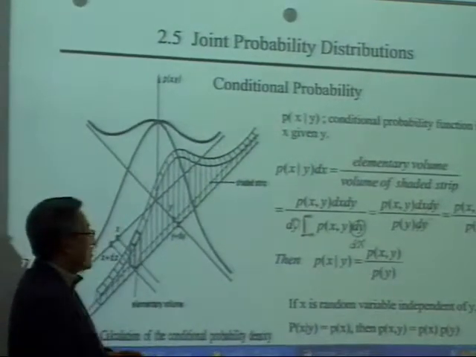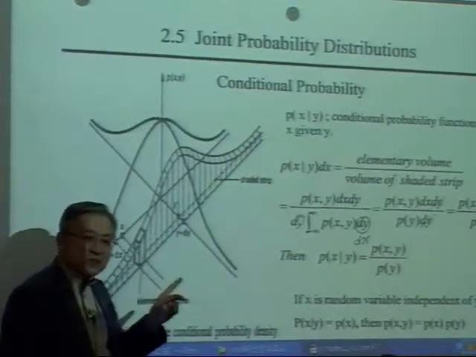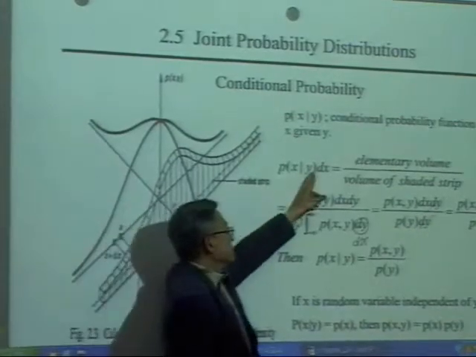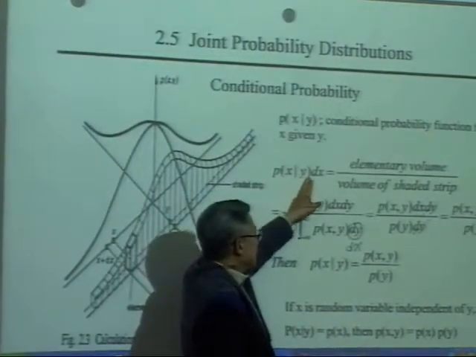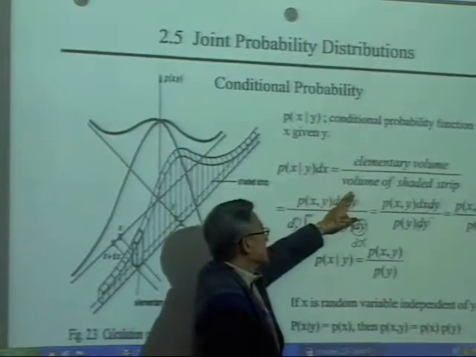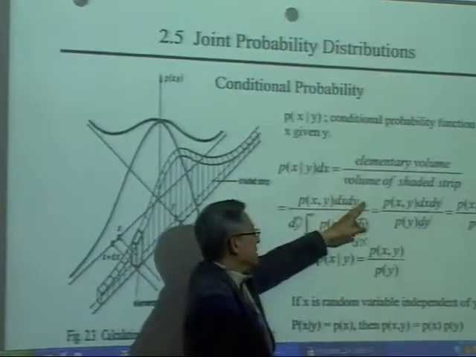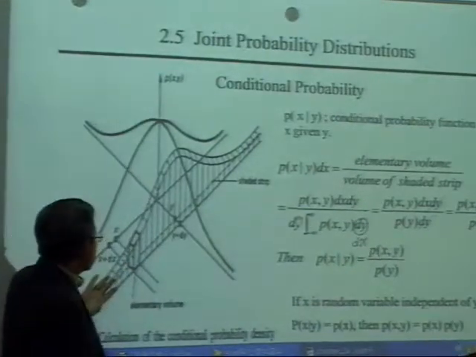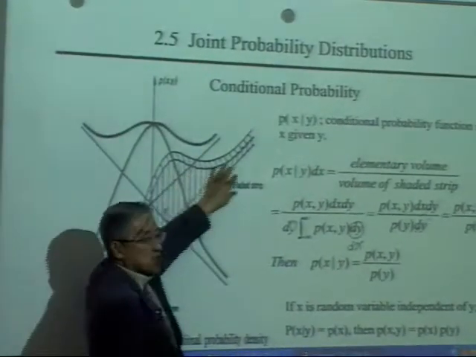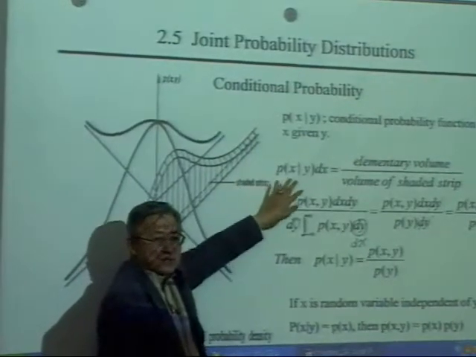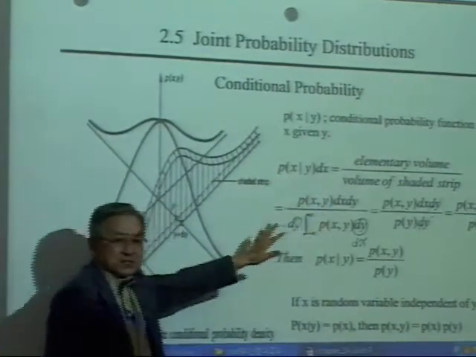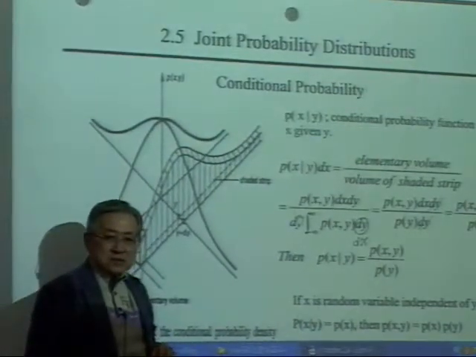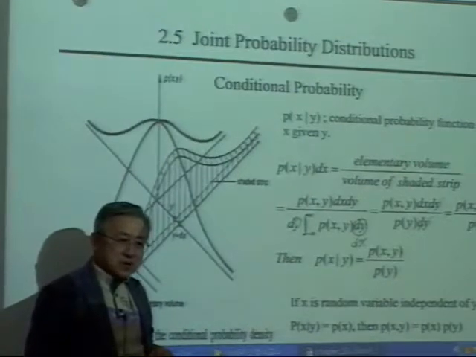Differential volume over the given volume of y. So this given volume of y is the shaded volume, the volume of the shaded strip. Given means this shaded part. The denominator has nothing to do with the whole joint probability density volume.